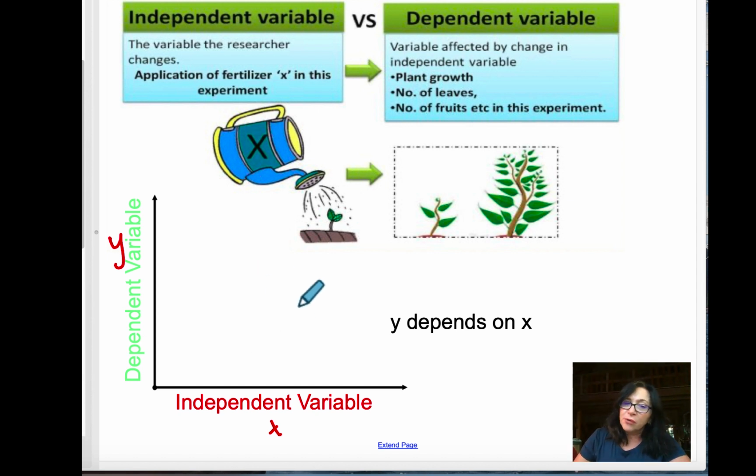So most of the time, I will say that the independent variable is time, but not always. And I think I'm going to do an example where time is not the independent variable, but most of the time it is. The independent variable, which is this one down here, is basically the variable the researcher changes.